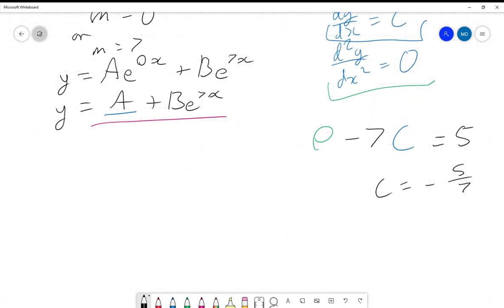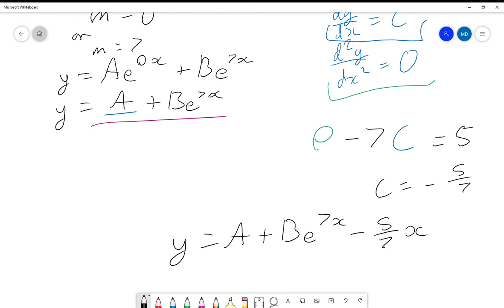And then we're done. So y is equal to a plus be^(7x) minus 5/7 of x, because remember our particular integral was cx, not just c. And there we go, we're done.